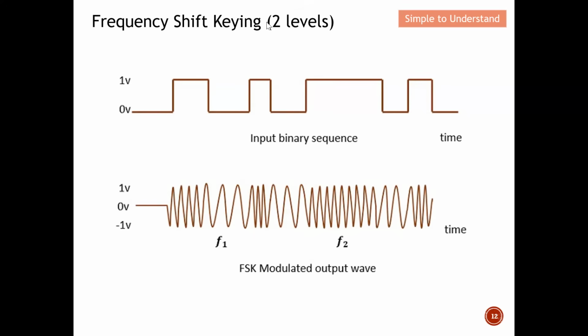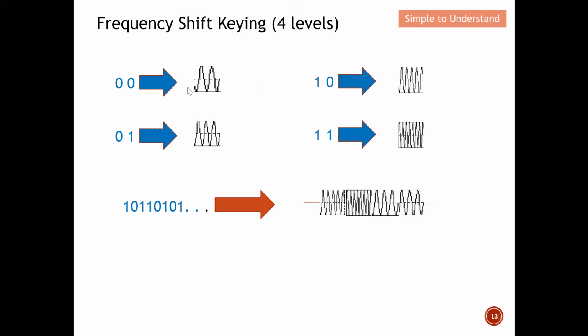Again, for frequency shift keying, I can actually do it with 4 level. How can I do it with 4 level? Frequency shift keying is mainly to control the frequency. When the message is 00, this will have the lowest frequency. And when the message is 01, I will have a frequency that is higher than message 00.